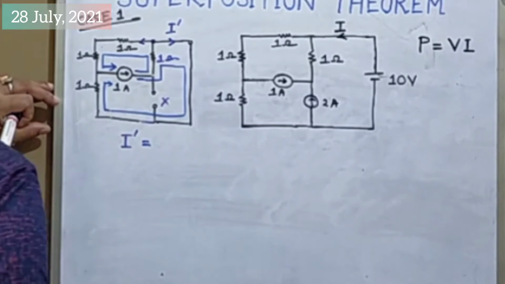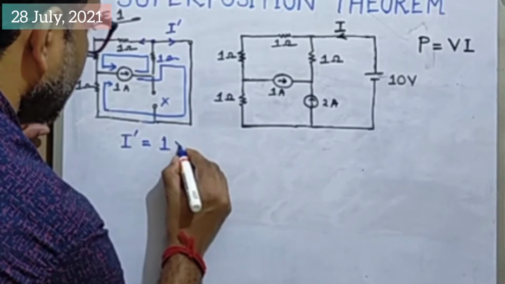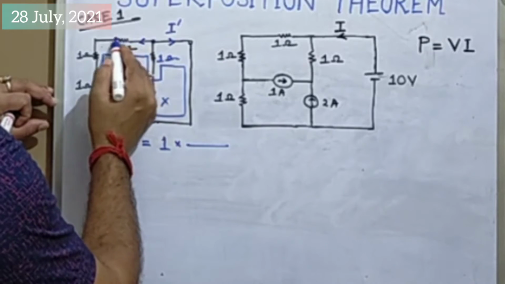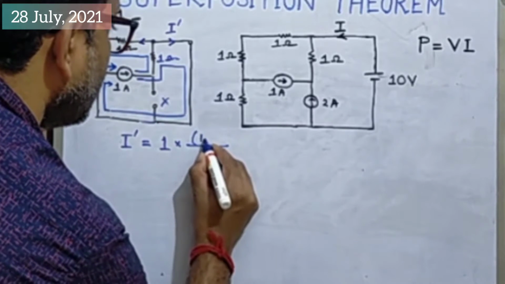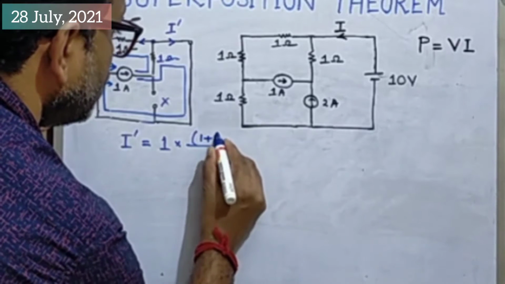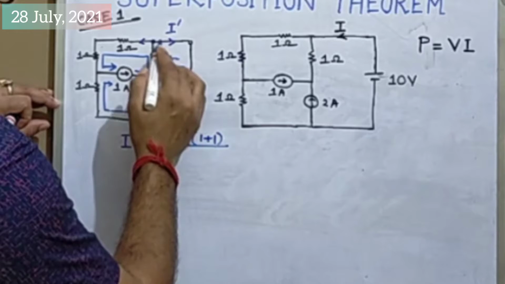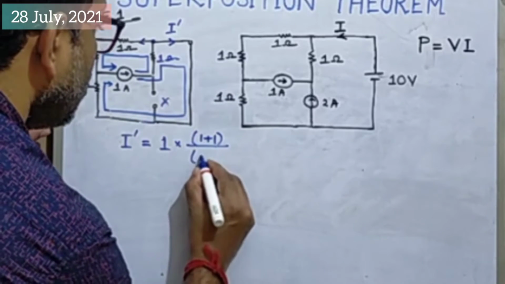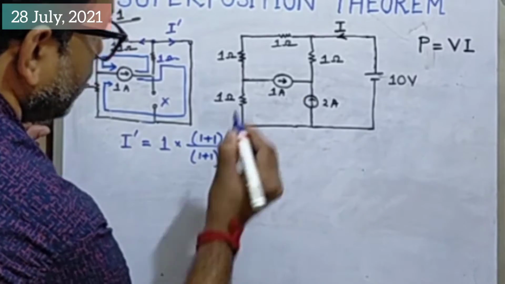So I dash equals the total current, that is 1 ampere, multiplied with this path impedance, that is 1 plus 1, which is 2, divided by this path impedance plus this path impedance, that is 1 plus 1 plus 1.